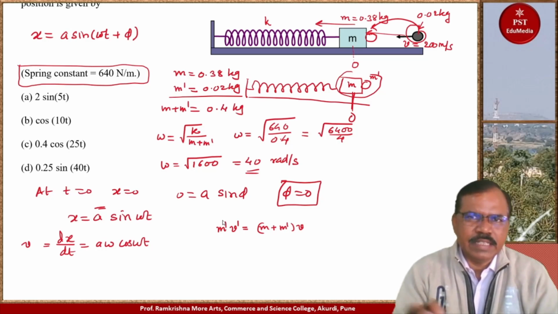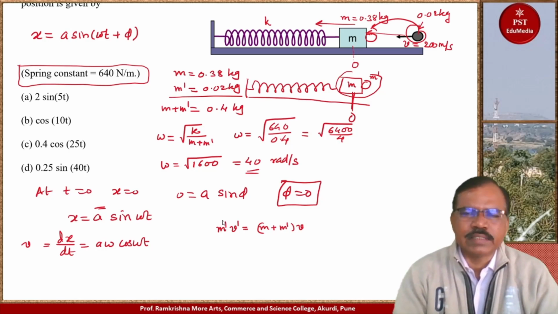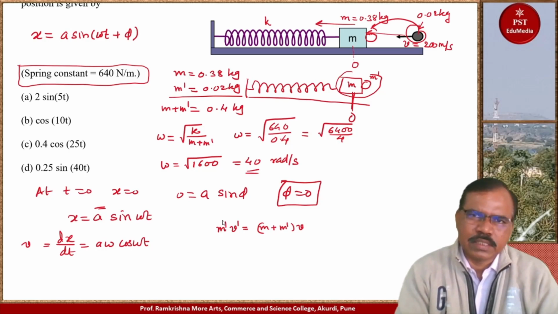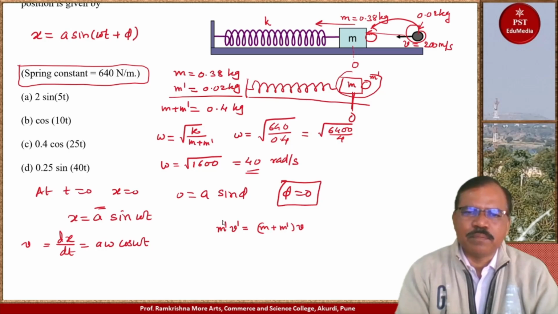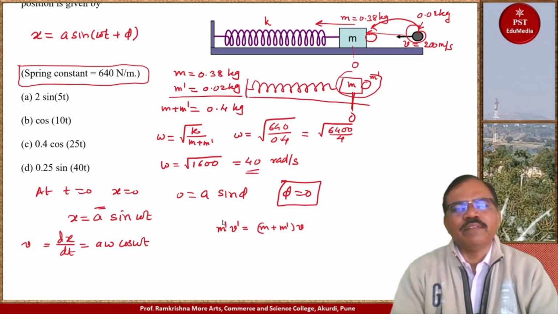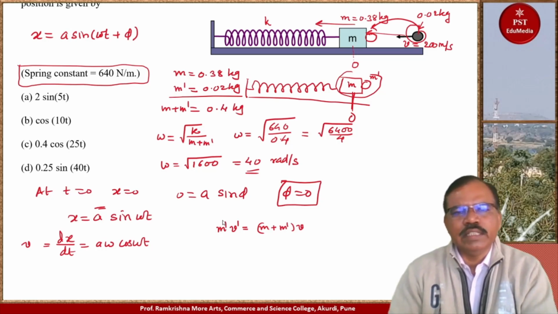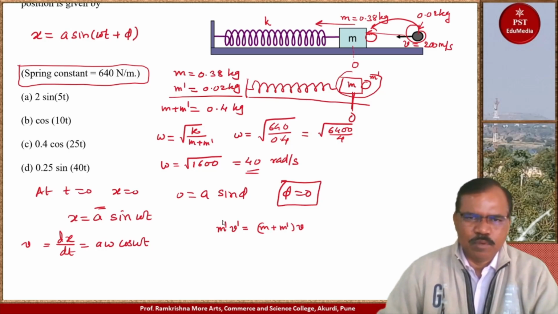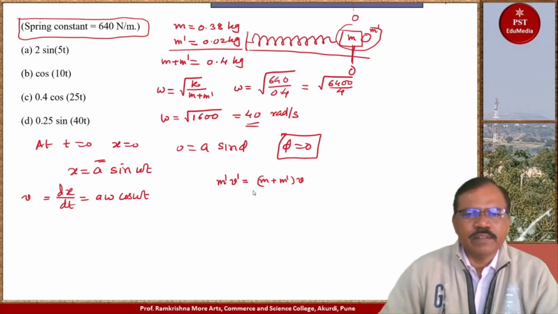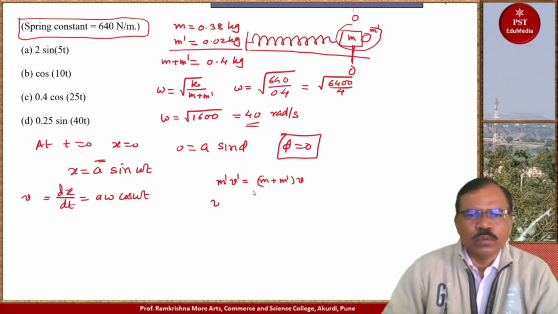But when the bullet strikes mass m and sticks with it, its mass becomes m plus m dash and the velocity will be v. So the initial momentum will be equal to the final momentum. So v is equal to m dash upon m plus m dash into v dash.